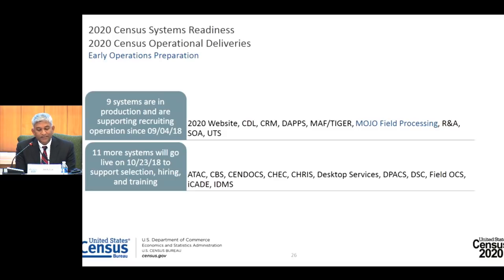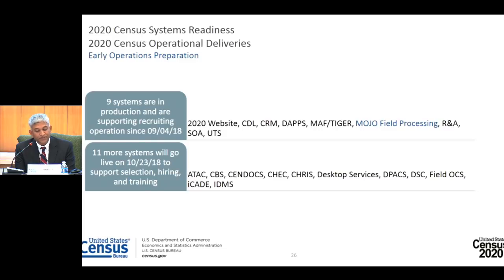For Census early operations preparation, we had two specific needs: systems to support early ops recruiting and systems to support selection, hiring, and training. For early ops recruiting, 9 systems shown on the top row went into production on 9/4. 11 more systems will go into production on October 23rd.